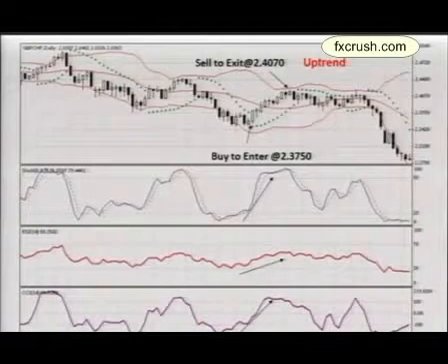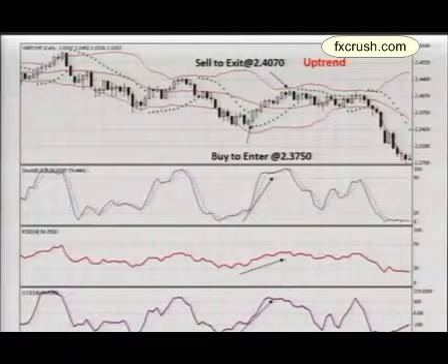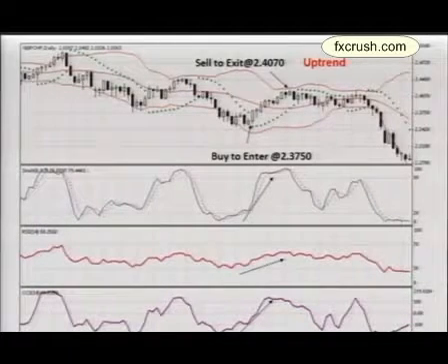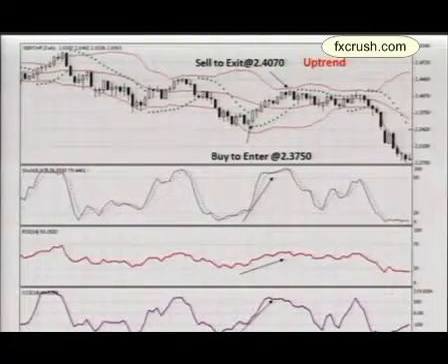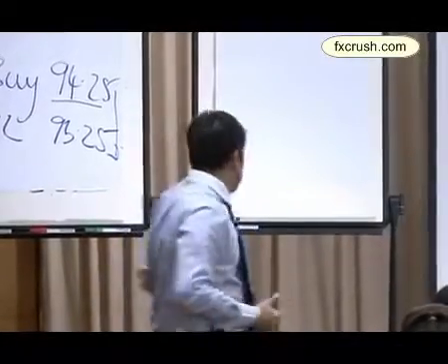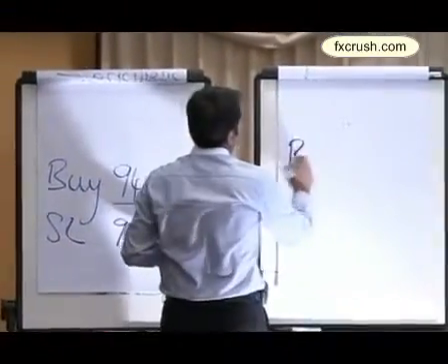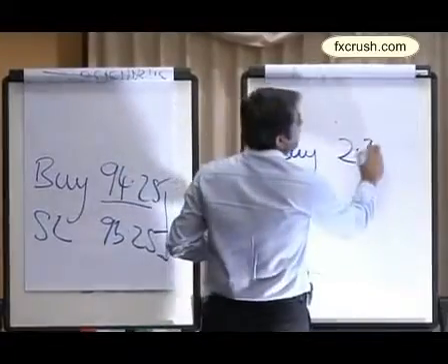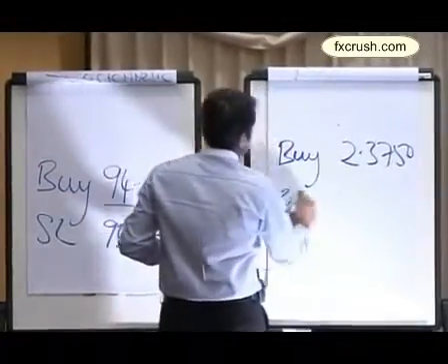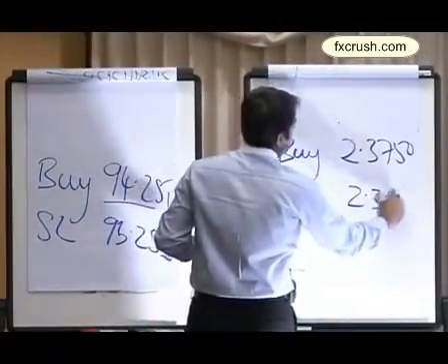You can't use the last stop loss, because your last stop loss is based on the entry price of 2.3750. Are you with me? But now when you buy at 2.3750, your stop loss is 2.3650.